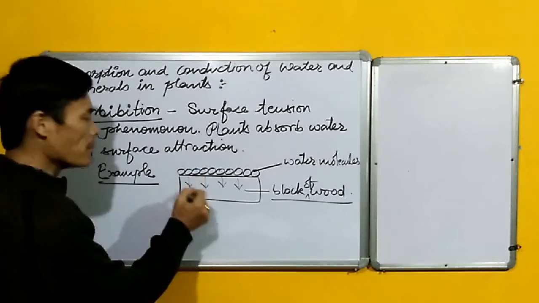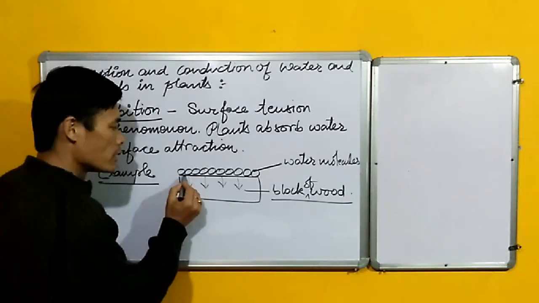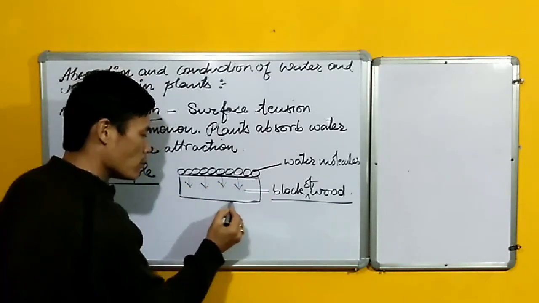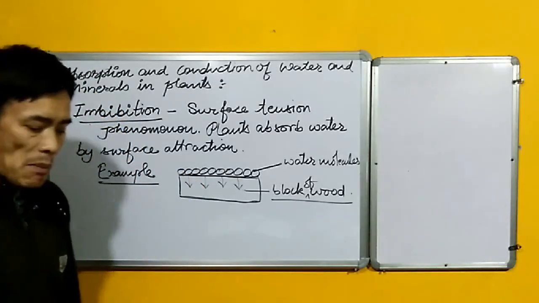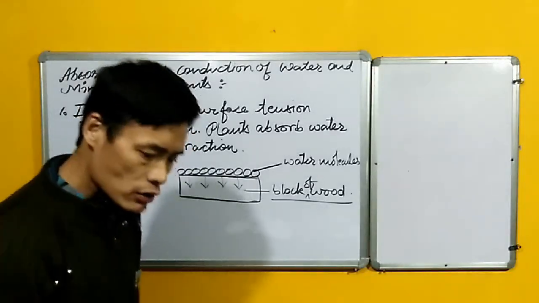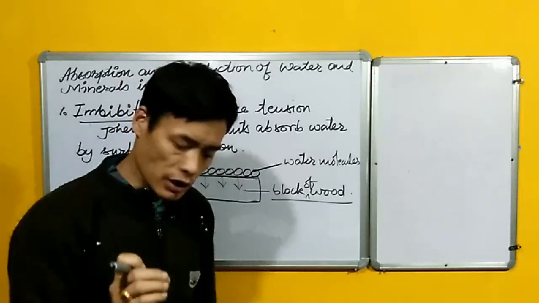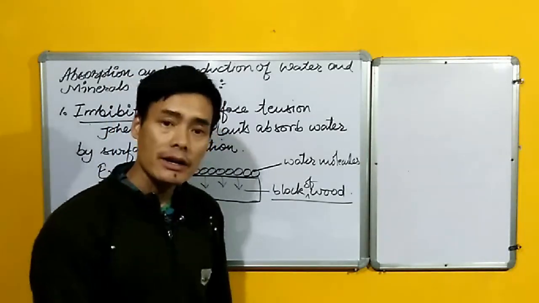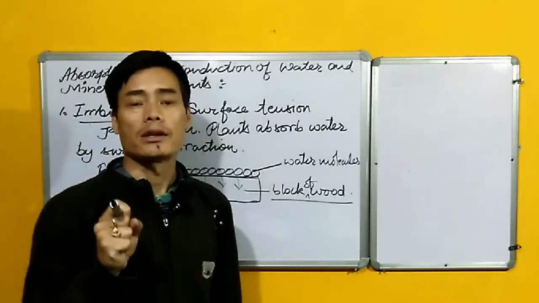So this phenomena of the entry of the water from the surface of this given block of wood is referred to as imbibition. And this exactly happens in case of a living plant, especially in the roots which are deeply embedded in the soil, which is meant for absorption of water.